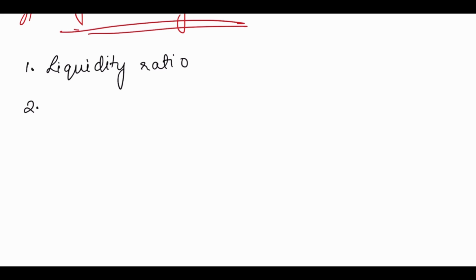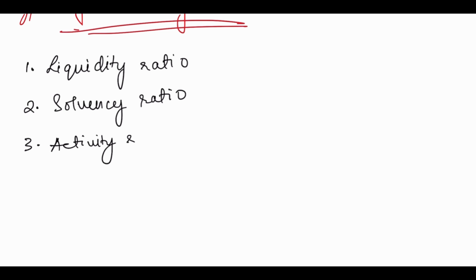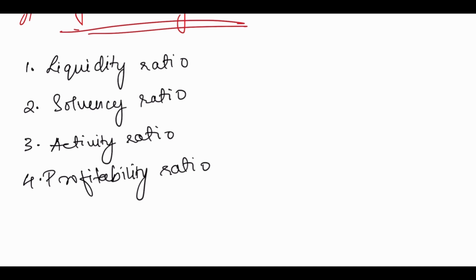Second one is solvency ratio. Third one is activity ratio, and fourth one is profitability ratio. Okay, so let's start with liquidity ratio.